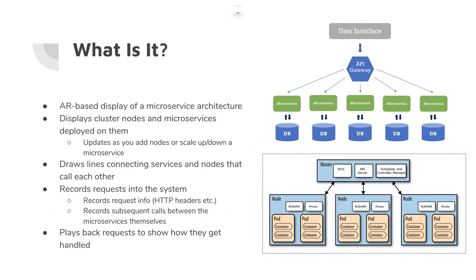And then once a request comes into the system, it'll trace it as a dot along these lines that have connected them, and then you can go back and replay it later. So the point is to give you a good view of what exactly is happening between your microservices. And you can also inspect these requests to see, is it an HTTP request that's being called, or a message queue, or a database call.